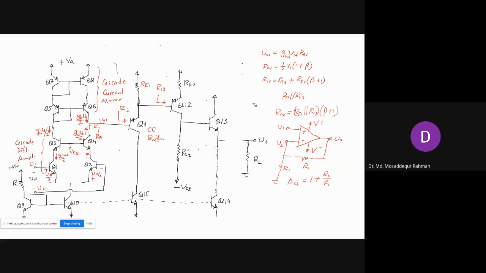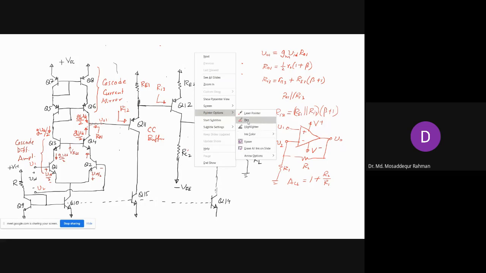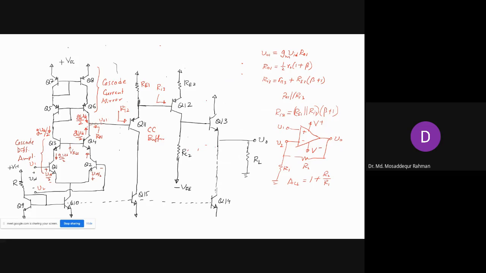Virtual short circuit between V1 and V2, when you apply the feedback. So we connect R1 and R2, this V2 is negative. Maybe I can show it like this.